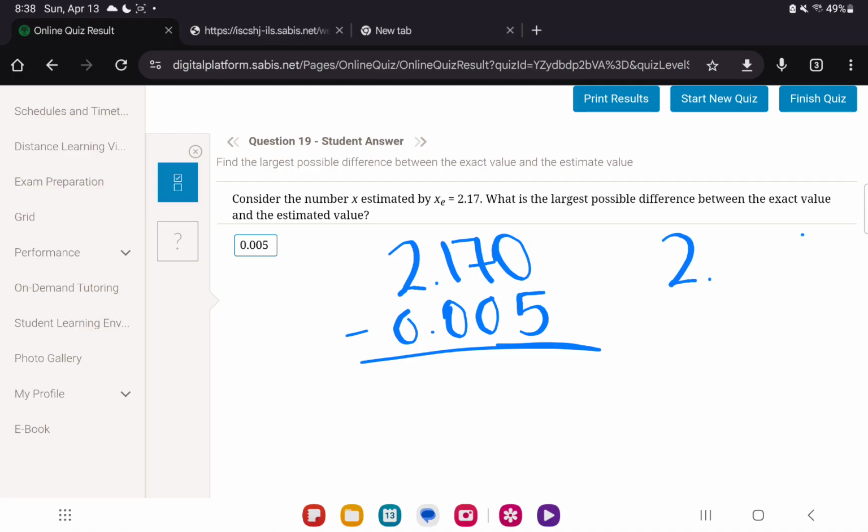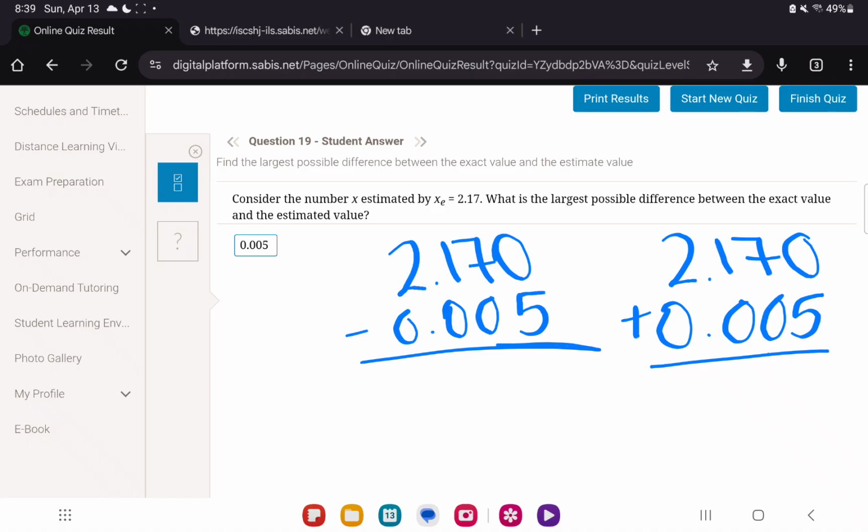We have to do both. We have to minus and we have to add. Okay, but remember, you always put a 0 at the end of the number, and then you put a 5 beside the 0 on the right side. And then we keep putting zeros on the left. When you do that, you get 2.165 and 2.175.